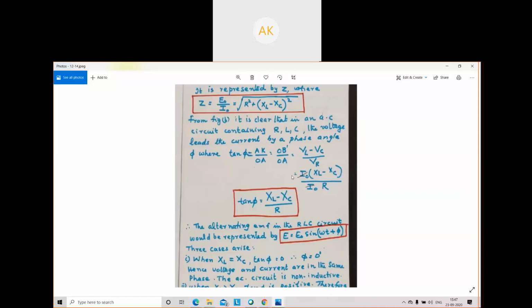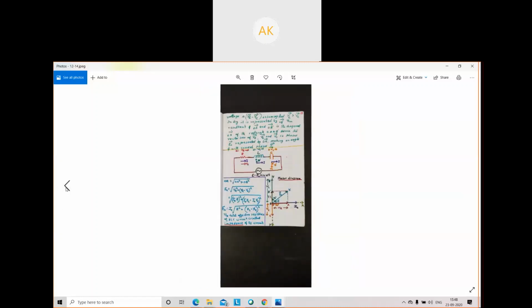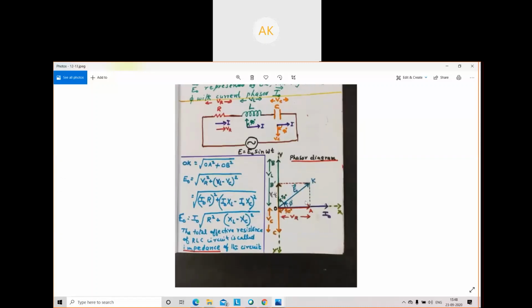Let us take the figure again. For tan phi, the opposite side is VL minus VC, and the adjacent side is VR. So tan phi equals (VL minus VC) by VR.